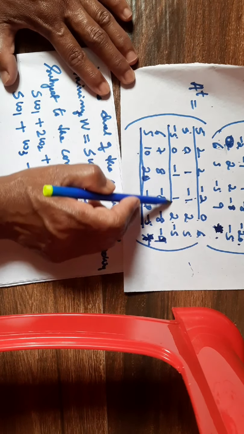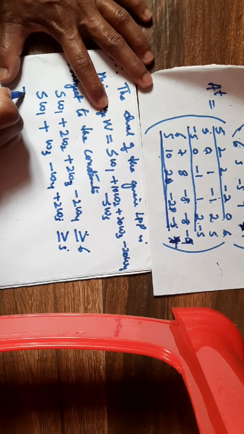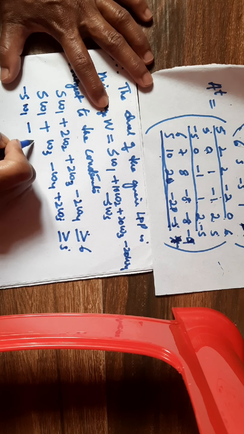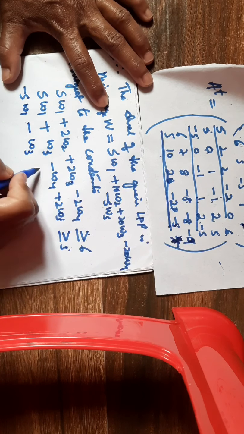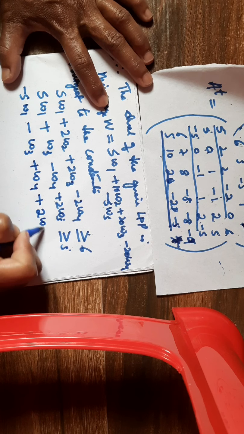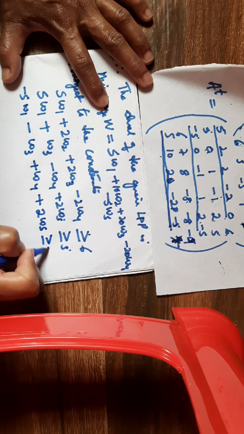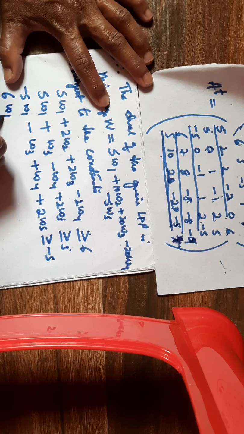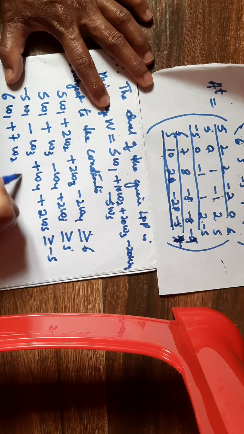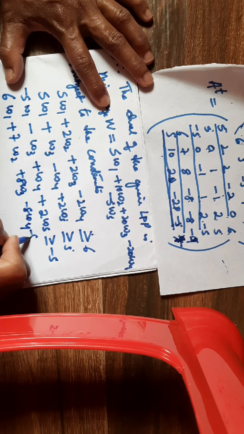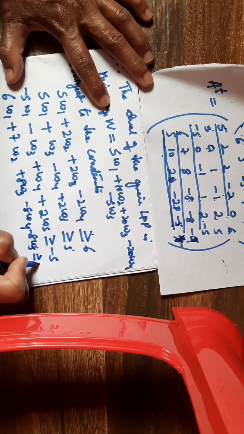The next one will be this. It will be minus 5w1, then minus w3 plus w4 plus 2w5 greater or equal to minus 5. The next one will be this one, 6w1 plus 7w2 plus 8w3 minus 8w4 minus 8w5 greater or equal to minus 9.